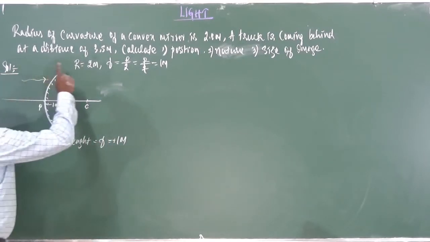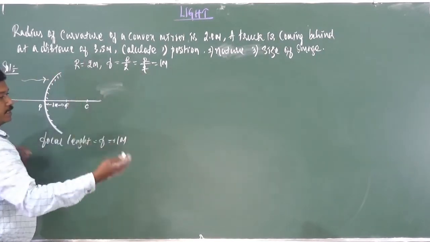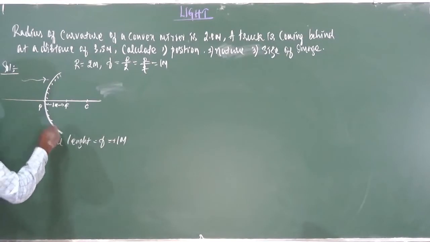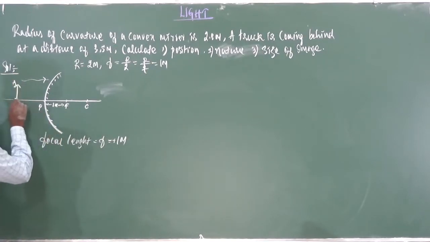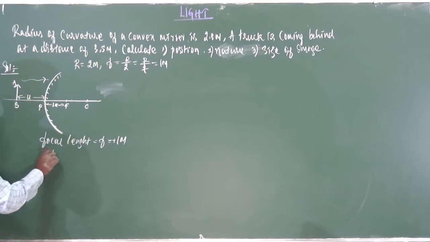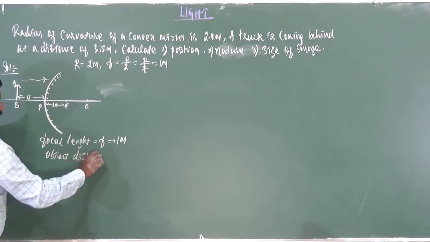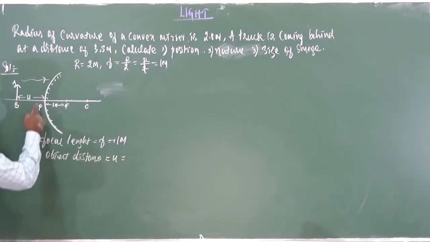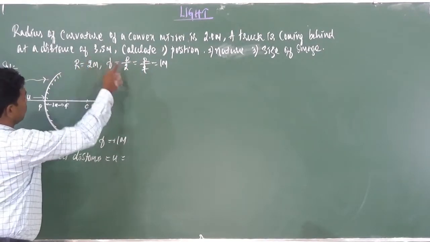Now a truck is coming behind at a distance of 3.5 meters from the mirror. Let us locate the truck here. Let us take it as AB. So this is U, the object distance. So we write the object distance: U is equal to 3.5 meters.